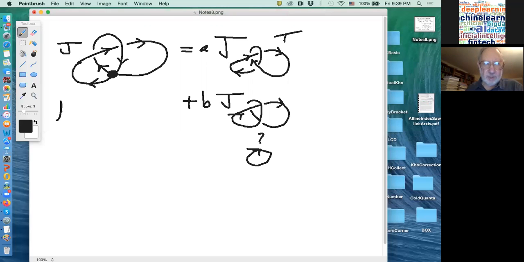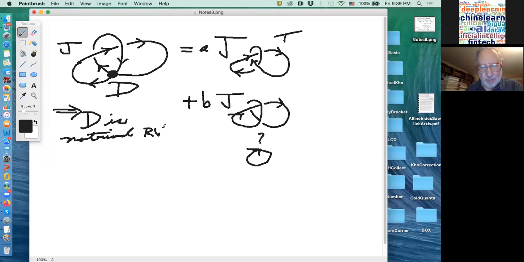So this implies that this diagram here is a non-trivial RVG and not equivalent to its mirror image.